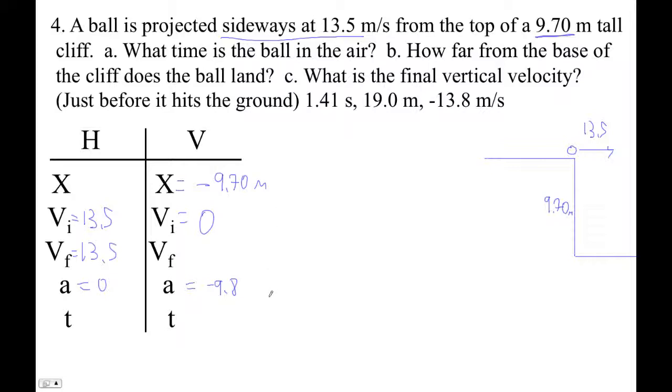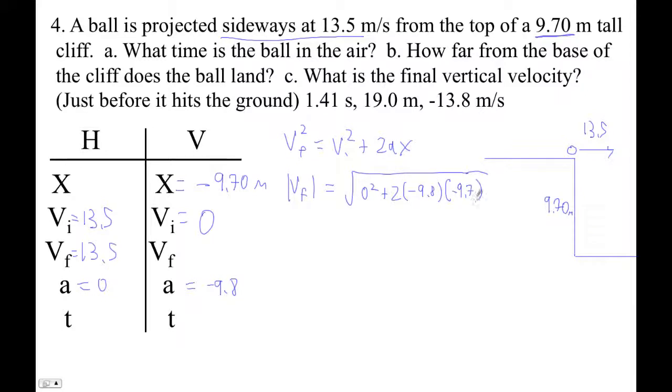Okay. Well, now we can solve all the rest of it. So we can find this guy, bring it across and find that one, right? So to find the final vertical velocity, I'm going to choose this guy, VF squared is VI squared plus 2AX. So the absolute value of VF, I'm taking the square root of a square, is the square root of 0 squared plus 2 times negative 9.8 times negative 9.7.